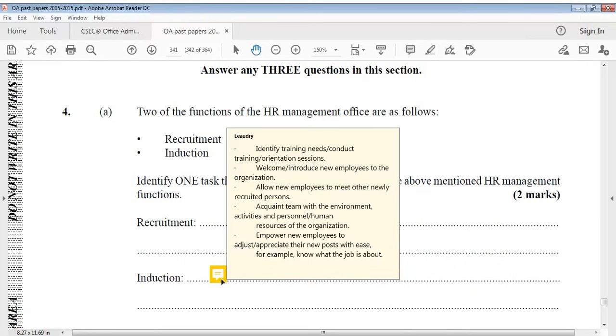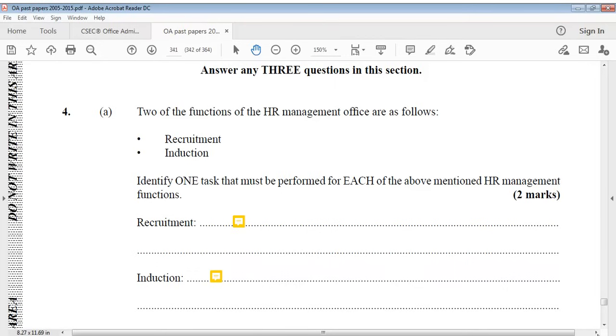Acquaint the team with the environment, activities, and personnel or human resources of the organization. Next one, empower new employees to adjust to or appreciate their new posts with ease, for example, know what the job is about. So any one of those tasks that the HR management office would carry out for those functions.